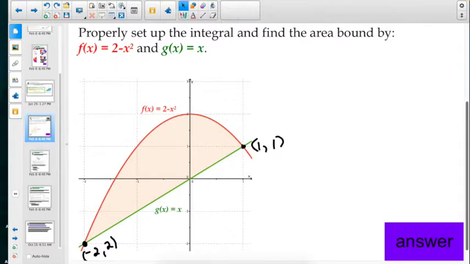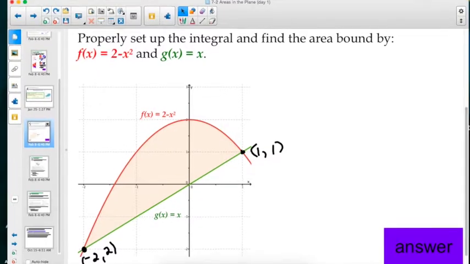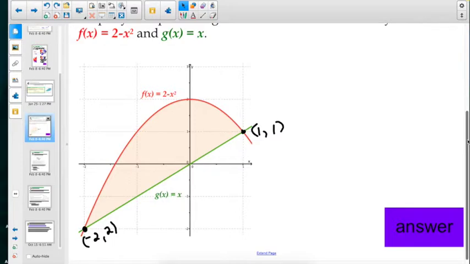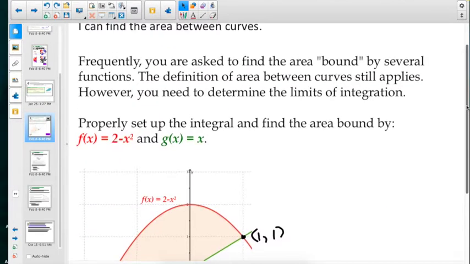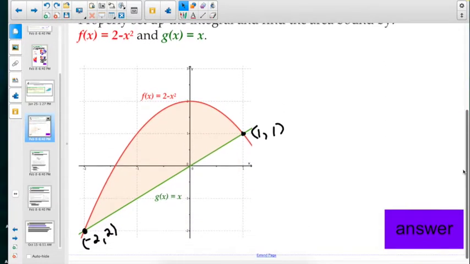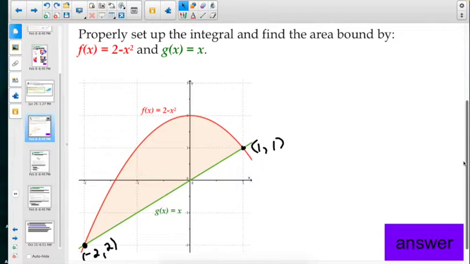What if we didn't have a graph? And what if we didn't really want to graph it? How would we find those points? Going back to algebra 2, what do we do to find the points of intersection?